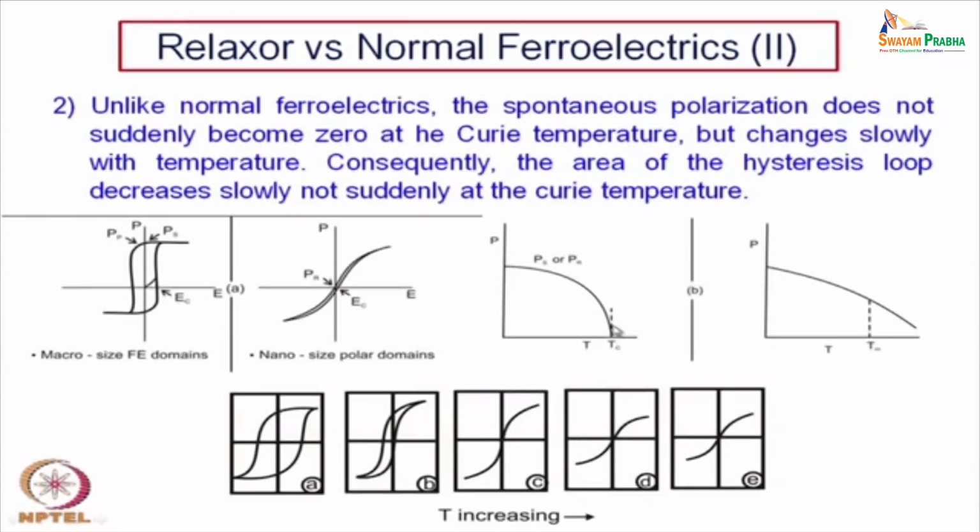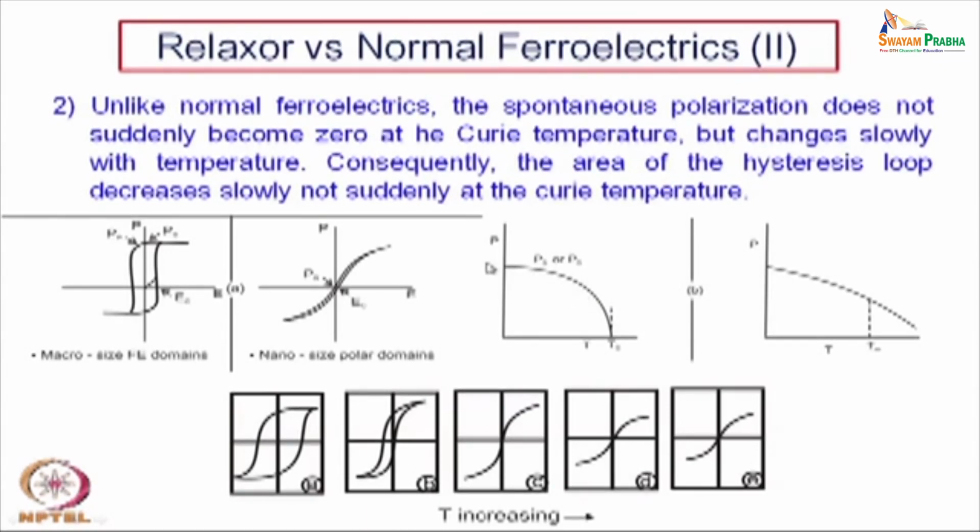Whereas when we look at the variation of the spontaneous polarization as a function of temperature in relaxor ferroelectrics, it is a much shallower, much more gradual change, and it remains beyond the Curie point.